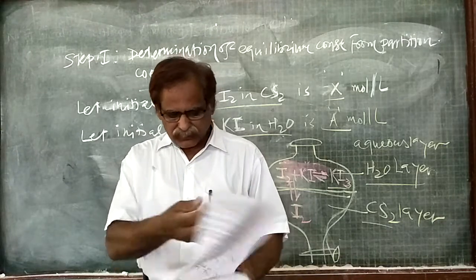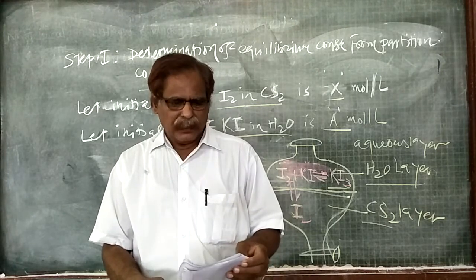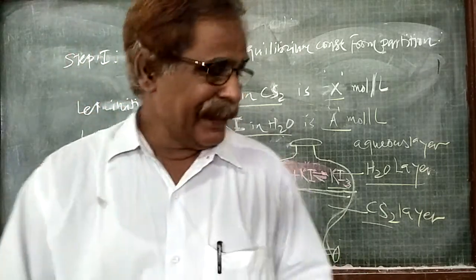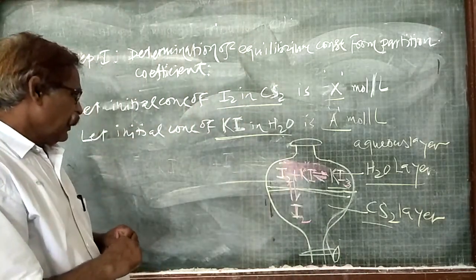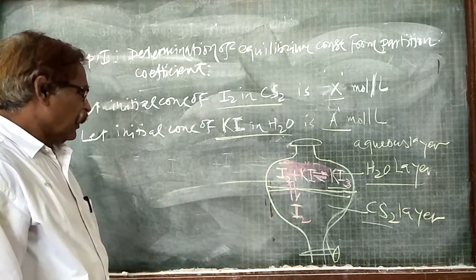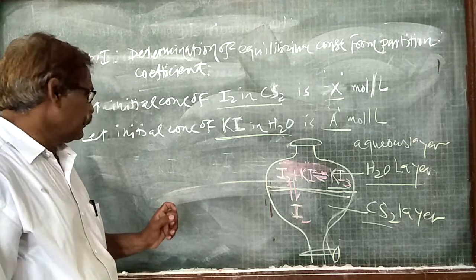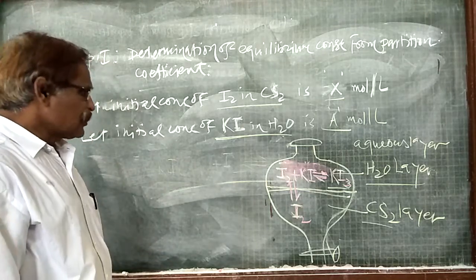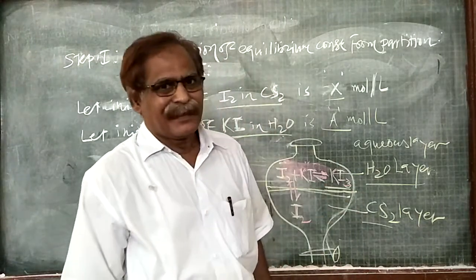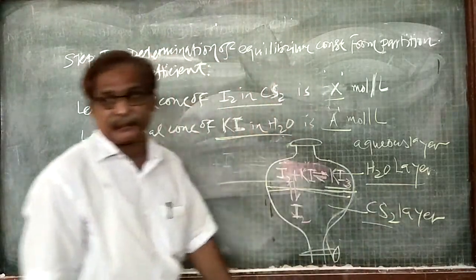With this, let us see the concentrations of the free or uncombined iodine in the aqueous layer, the concentration of free or uncombined potassium iodide in the aqueous layer, and the concentration of combined or complex potassium triiodide in the aqueous layer.